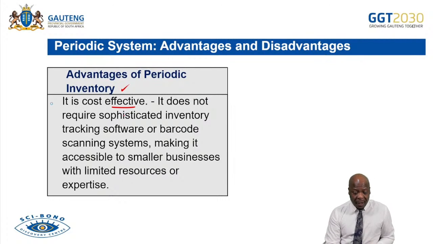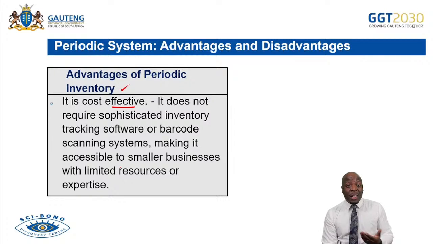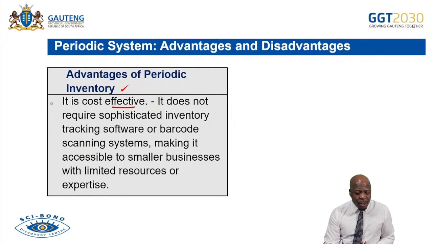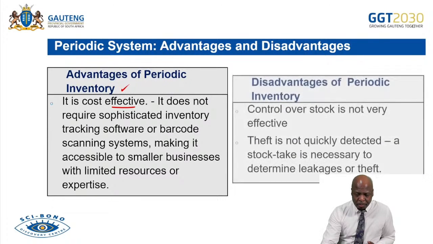It does not require sophisticated inventory tracking software or barcode scanning systems, making it accessible to smaller businesses with limited resources or expertise. So it is a cost-effective method whereby small businesses can use this one. That is one of the main advantages of the periodic inventory system.